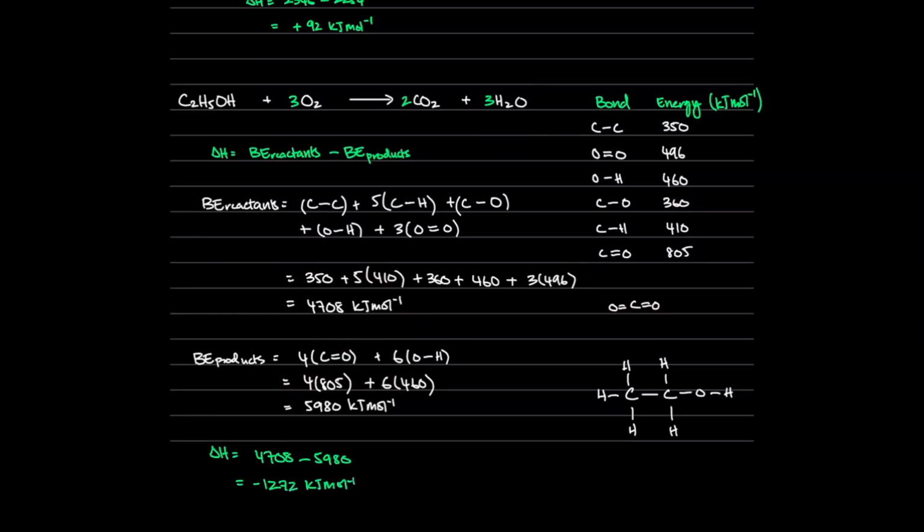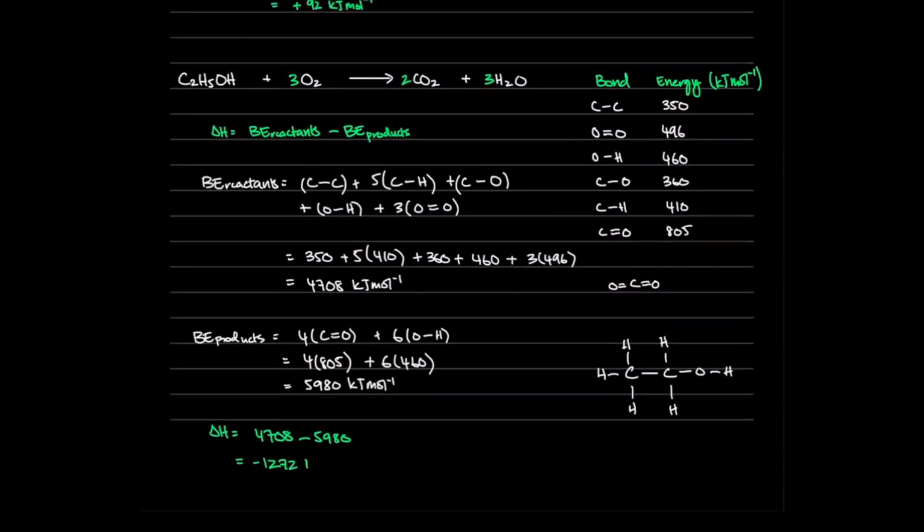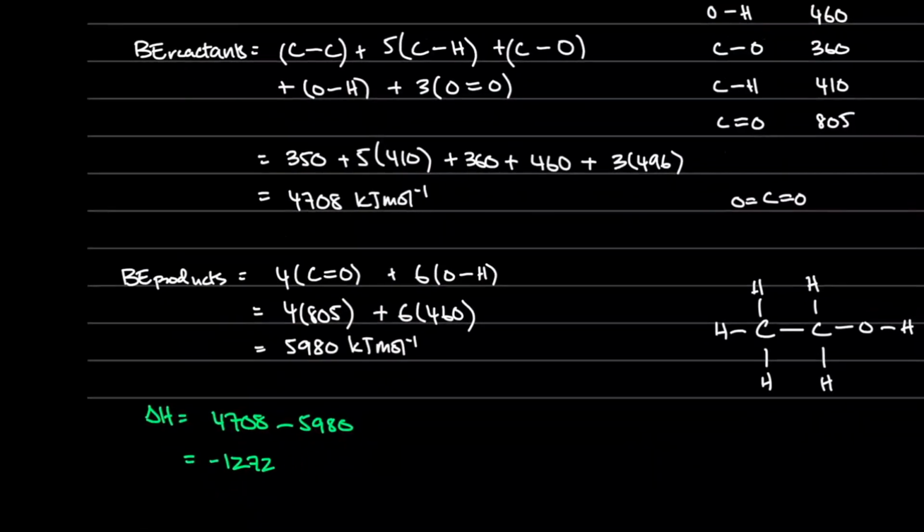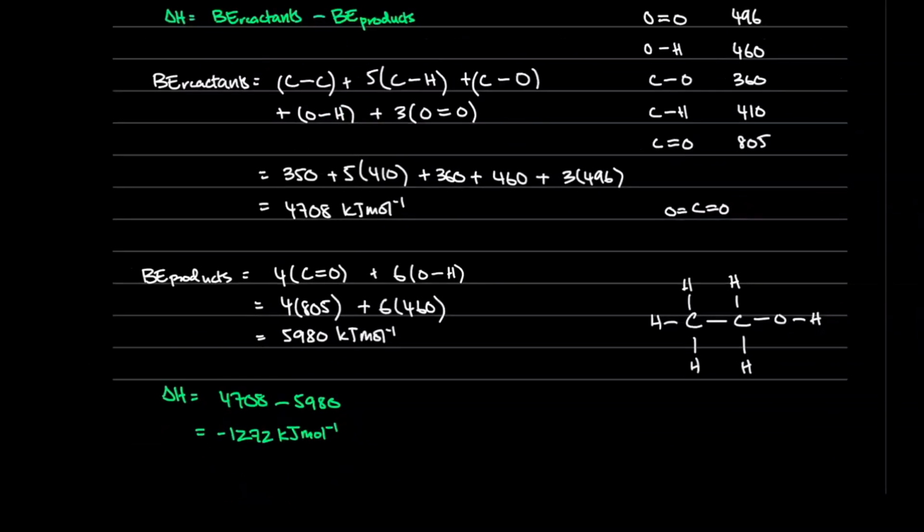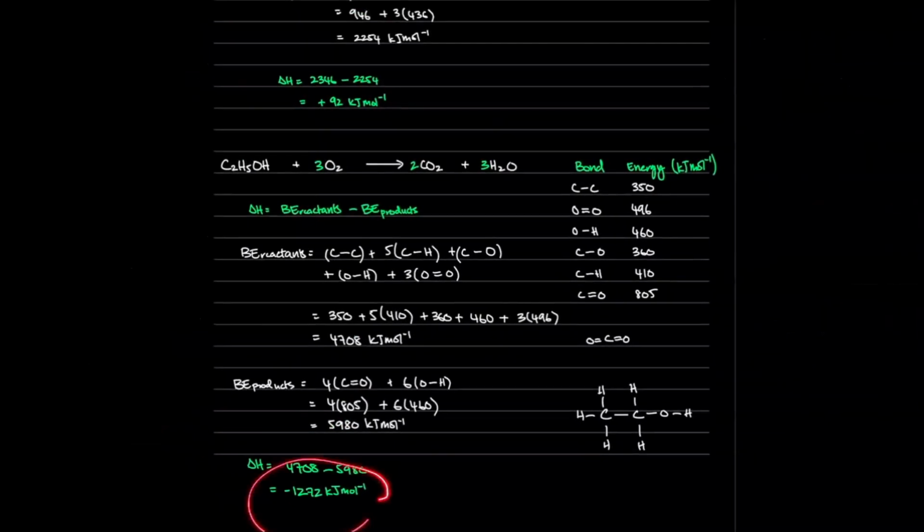Okay, that's your answer. And we would expect it to be negative because it's combustion. Combustion क्या होता है? When you burn something in oxygen, right? So this is exothermic. We know combustion is exothermic, so the enthalpy change should be negative.